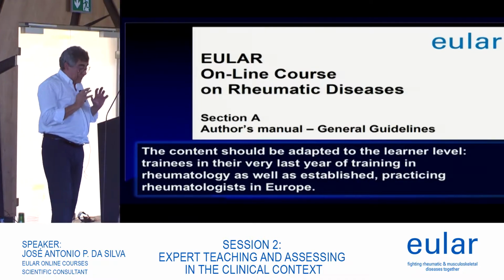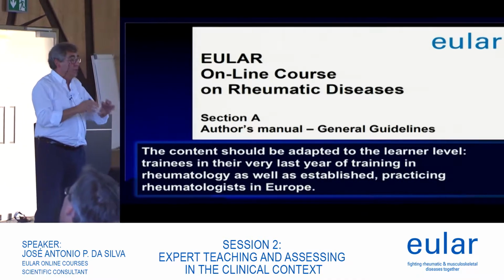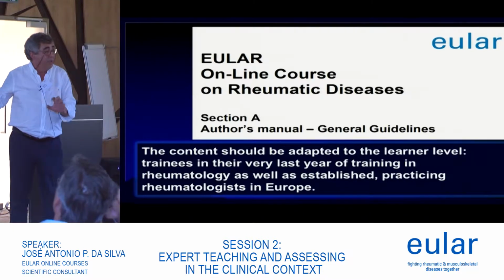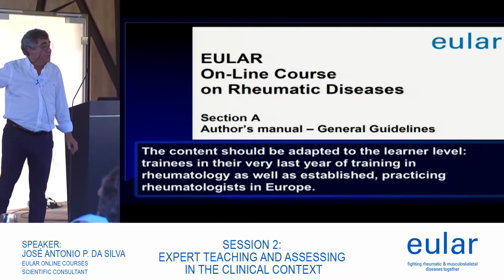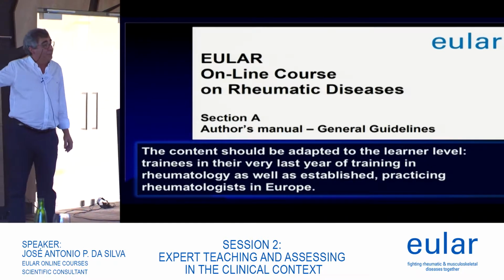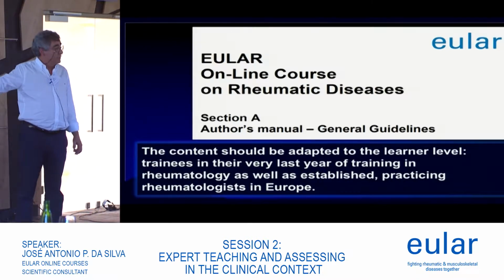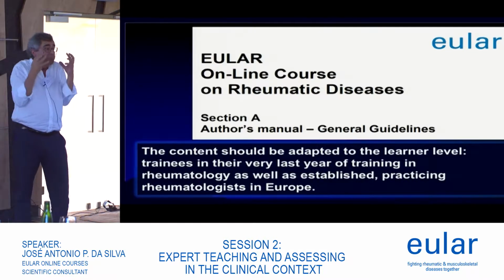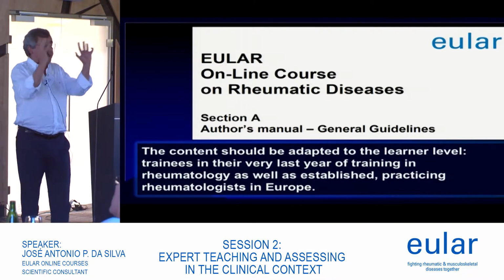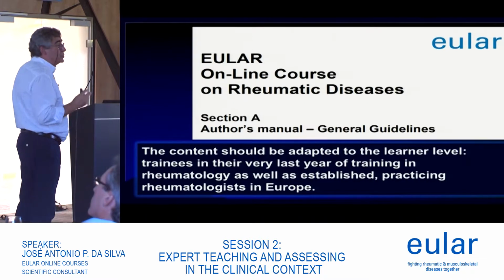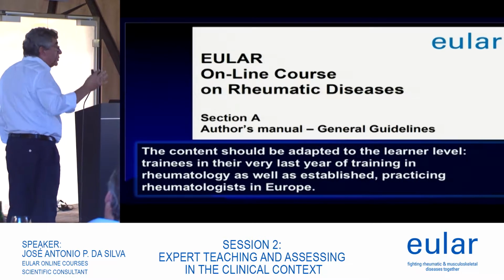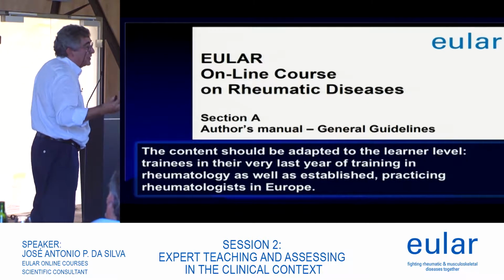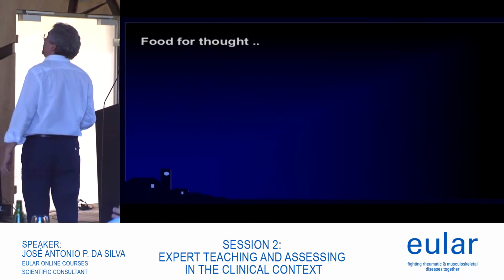So we should be targeting this level of knowledge and practice. It's actually underlined that they are practicing rheumatologists. It doesn't say they are academic rheumatologists or researchers in rheumatology. They are practicing rheumatologists. So from that point of view, how should we gear our methods so that we get to where we want to get, right? And we decided where we want to get.